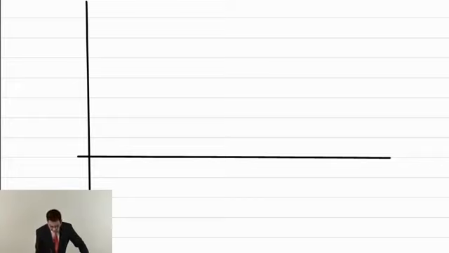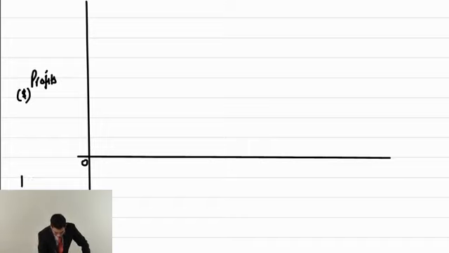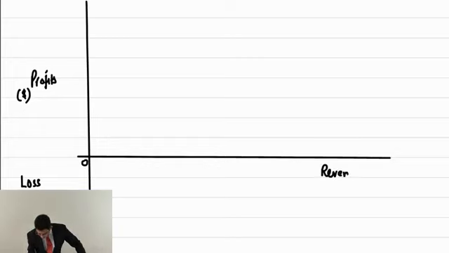Okay, here is 0, and above 0 is some profit in dollars, and below 0 is loss, of course, in dollars. Okay, the x-axis is defined as sales or revenue at break even.